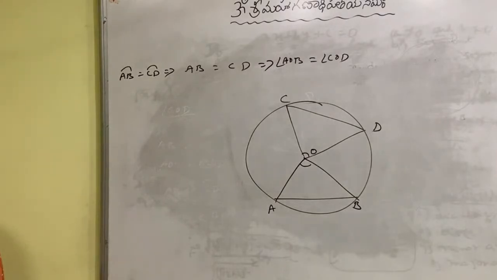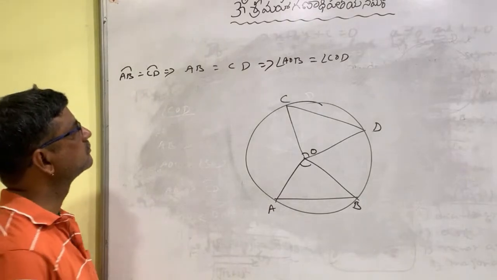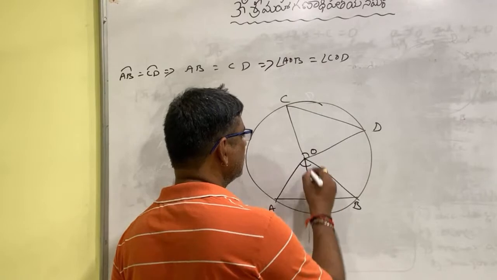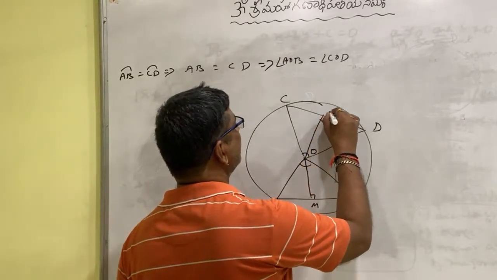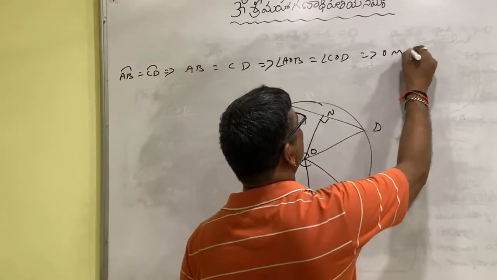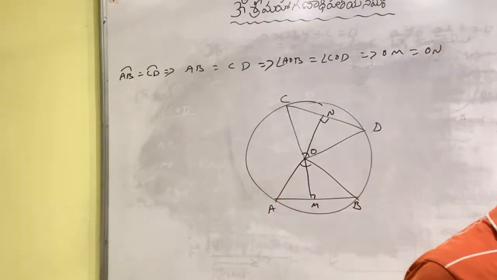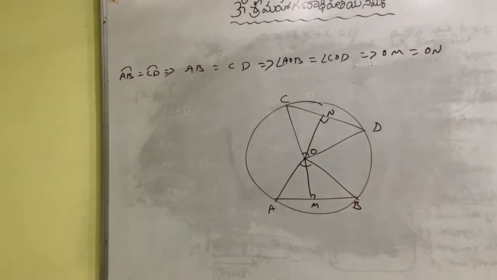Okay, children. Then the perpendicular distances of the chords from the center are also equal.